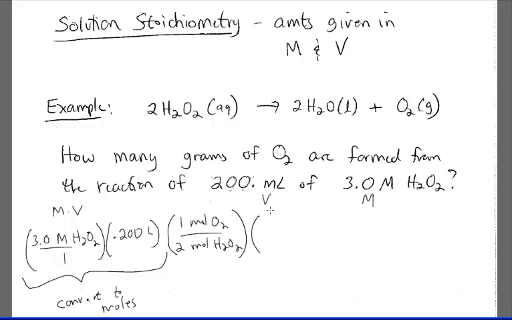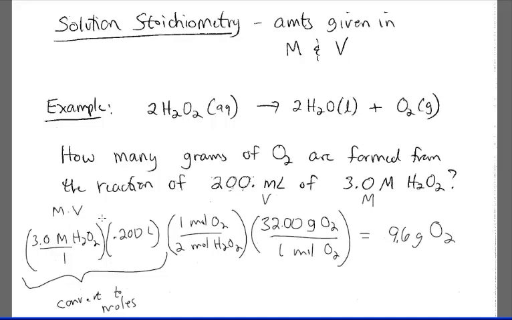And then we want the answer in grams, so we can convert oxygen back to grams by using its molar mass. When we cancel the units, we get 9.6 grams of oxygen. So solutions just provide another way to calculate moles and use them in reaction equations.